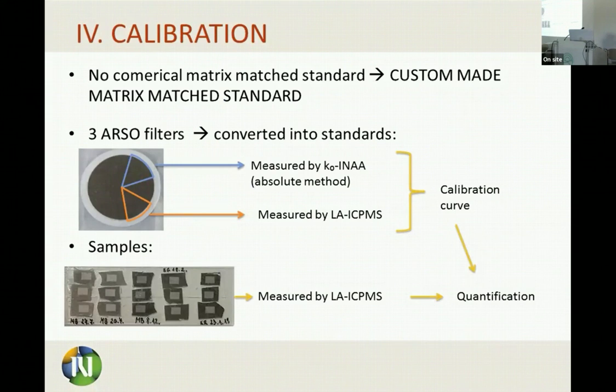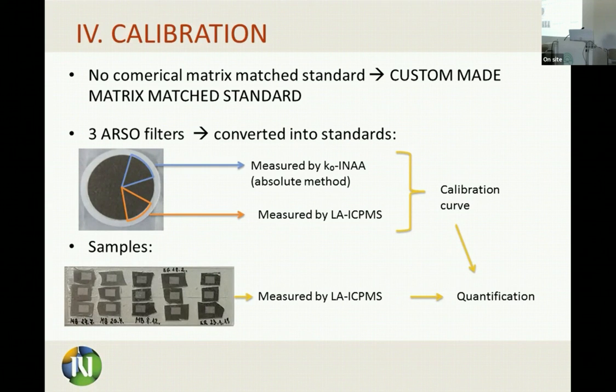The next step was the calibration of the results. The problem here was that laser ablation ICP-MS needs a matrix-matched standard for calibration, and a commercially available standard, that would be PM on quartz fiber filters with certified elemental composition, does not exist yet. Therefore, we used a custom-made standard.